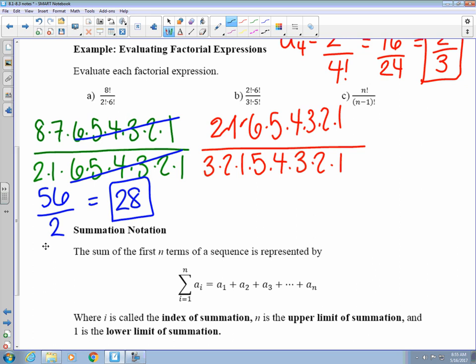Using the same strategies from letter A, canceling whole groups of numbers at once, I see 5 all the way down on the top and bottom. They'll cancel all at once. And I also see a 2 and 1 on top and bottom, so those will cancel as well. I'm left with 6 on top and 3 on bottom, which is 2.